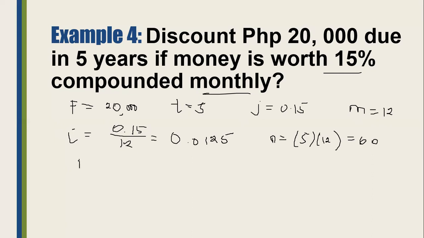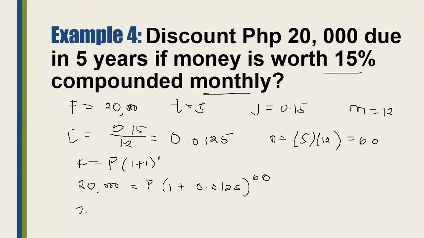Formula, F is equal to P quantity multiplied by quantity 1 plus I quantity raised to N. Our F or final value is 20,000. P is unknown. Our I is 0.0125, quantity raised to N, 60. 20,000 is 1 plus 0.0125, so we have 1.0125 raised to 60.